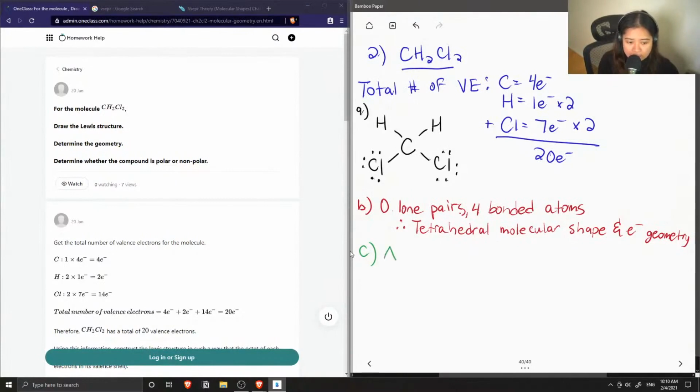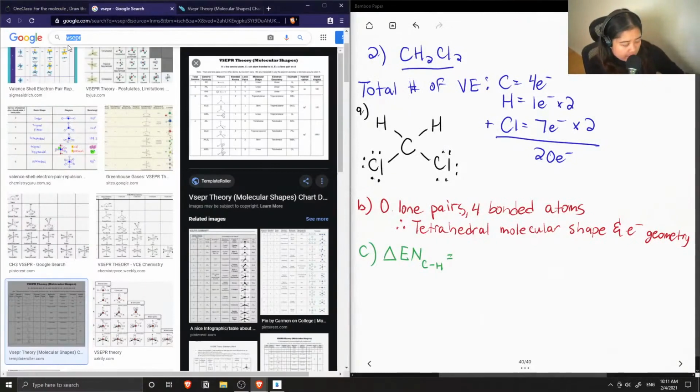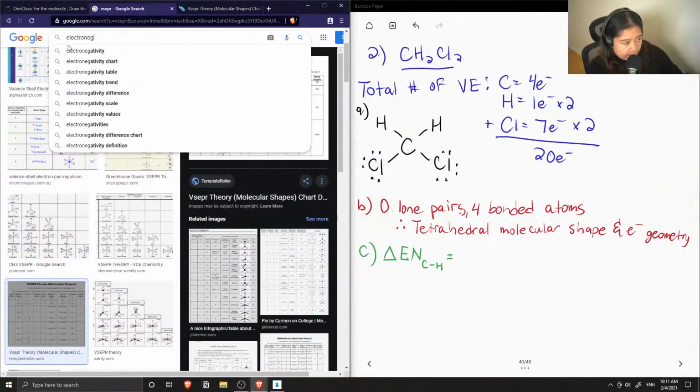So for example, to determine the difference in electronegativity between carbon and hydrogen, we need to look up the electronegativity values for both carbon and hydrogen, and then find the difference between the two.